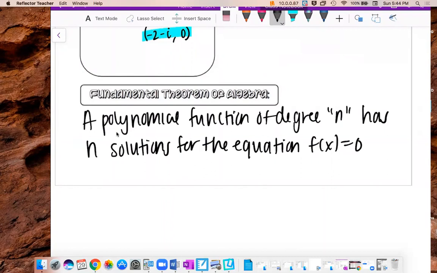So if I have like x to the 5th plus 5 equals 0, since this is a degree 5, this should have 5 solutions, whether they be real or complex. So the degree of your polynomial tells you how many solutions you should have at the very end of this.